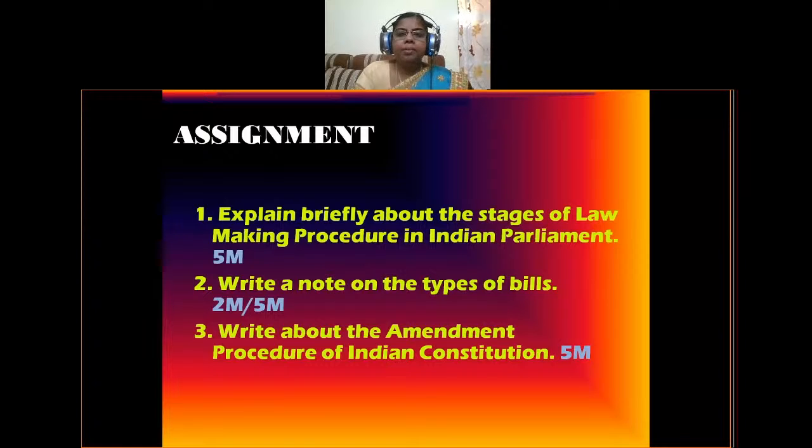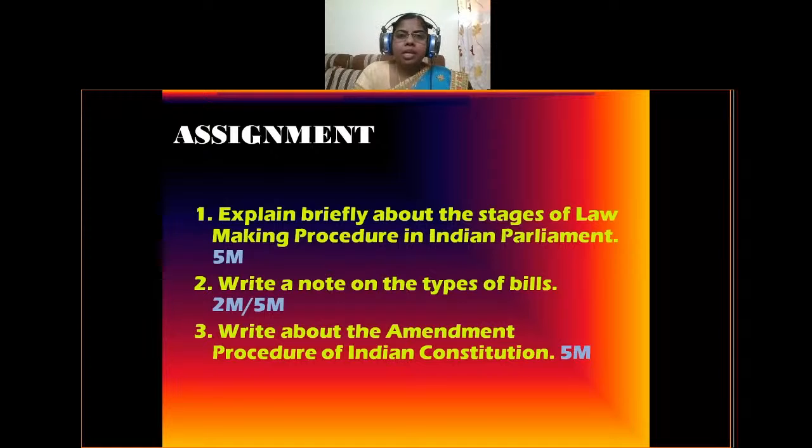This question will be given for 5 marks. So here you have to explain all the 5 stages of a bill, how the bill is converted into law. Stage 1, stage 2, stage 3, stage 4 and stage 5 you have to explain.